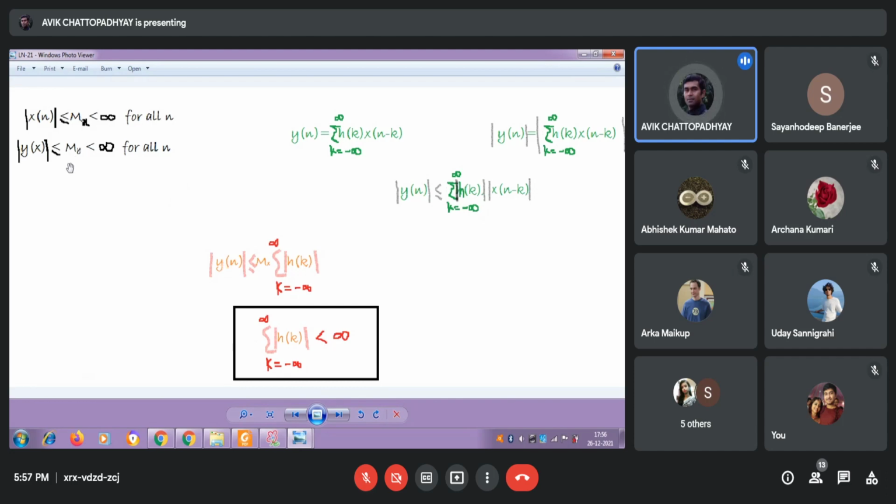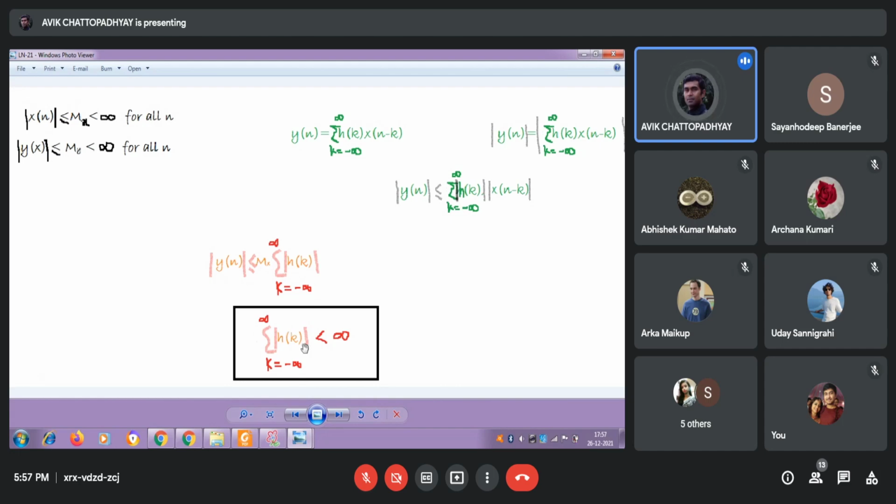So look at how the condition regarding BIBO stability between input and output is translated to a condition on the impulse response. Just by looking at the impulse response, you can say whether your system is stable or not. If this is true, then your system is stable: output will be bounded given a bounded input.